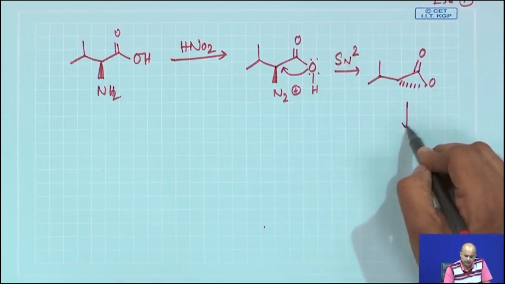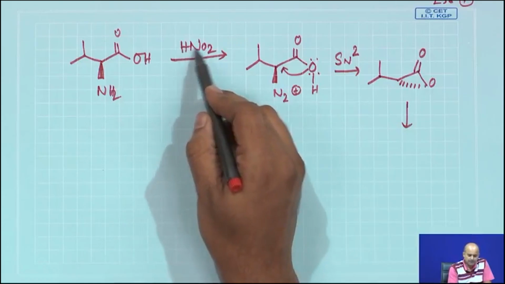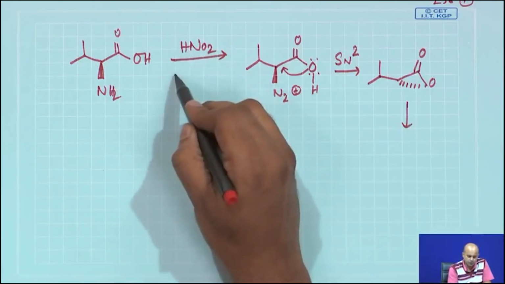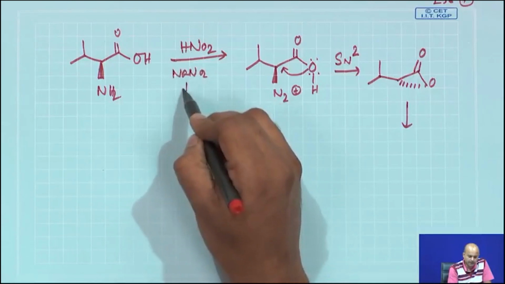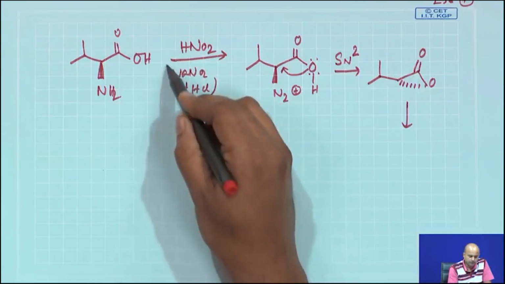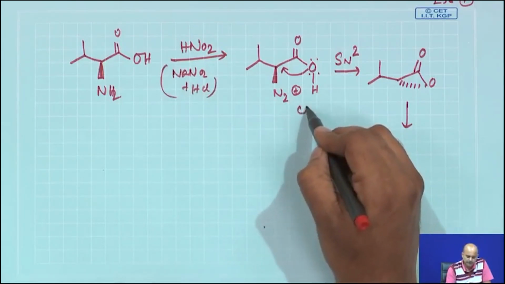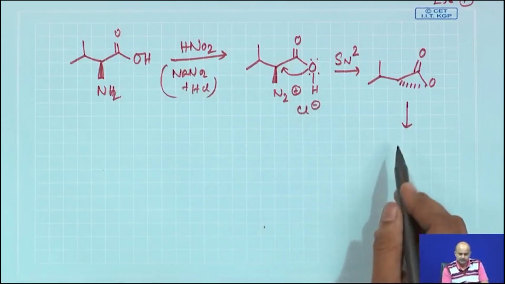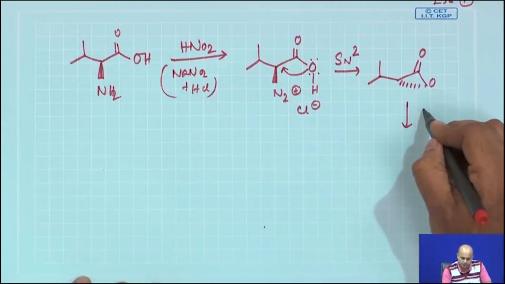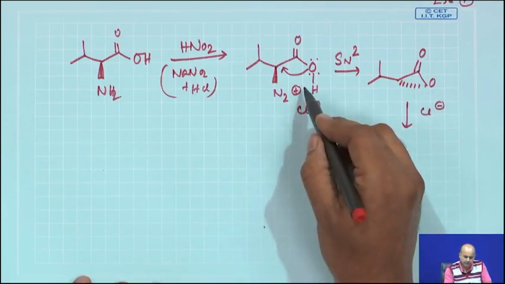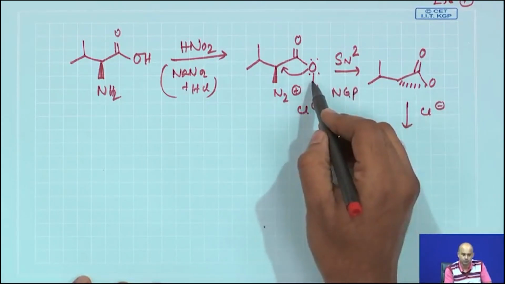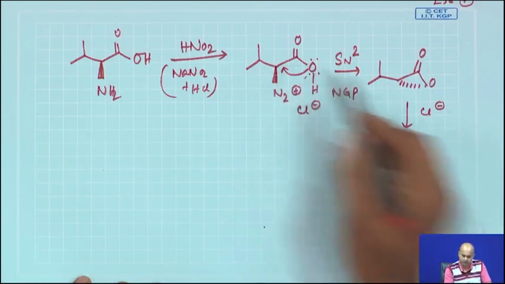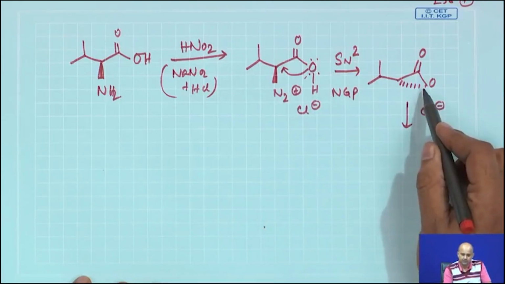Now, if you are diazotizing with HNO2, which means NaNO2 and HCl, the chloride minus is still there, and this chloride minus can act as a nucleophile. This is a classic example of neighboring group participation. A neighboring carboxylic acid group first forms a strained 3-member lactone.